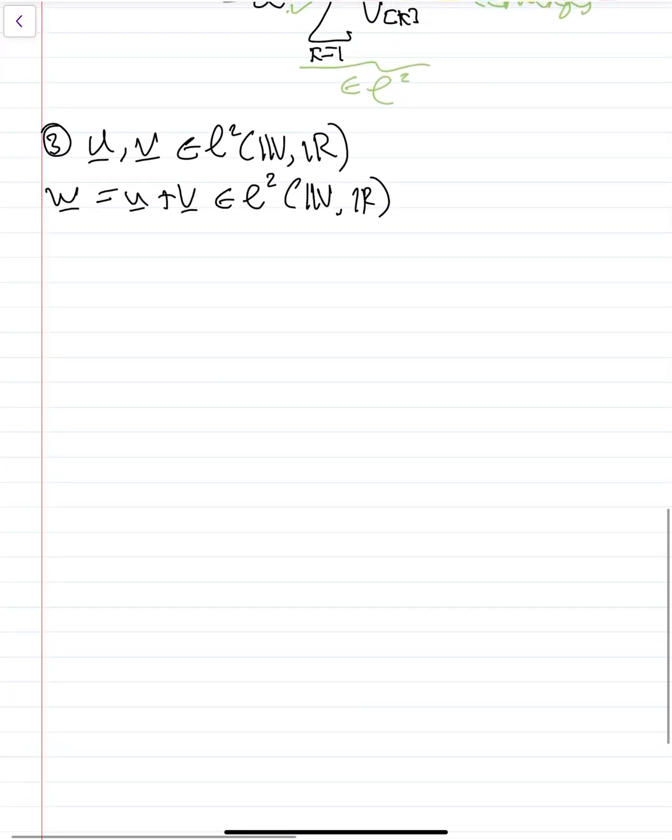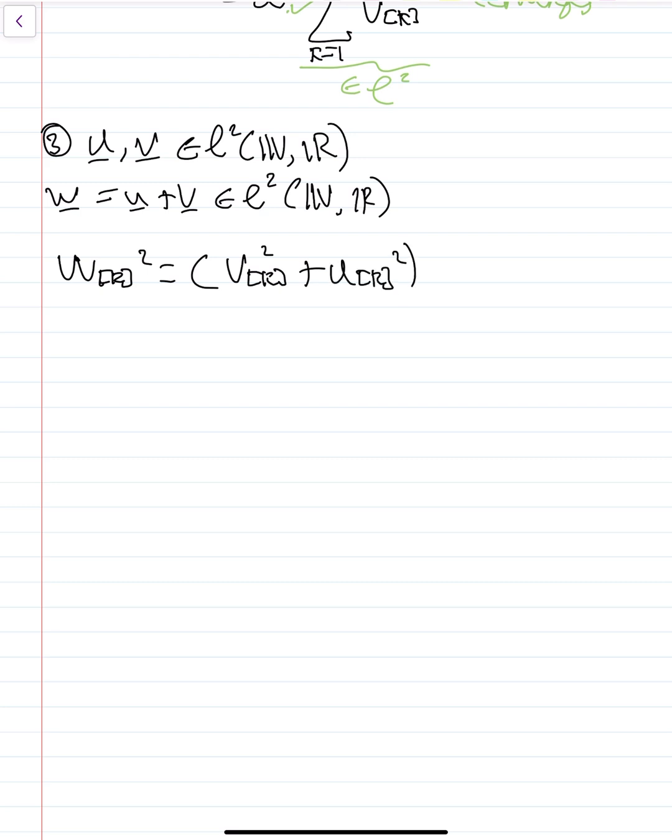Let's firstly consider this. I can take two vectors and rewrite this in a weird form. I can say wk squared, that's vk squared plus uk squared.